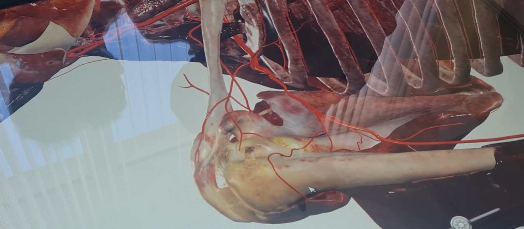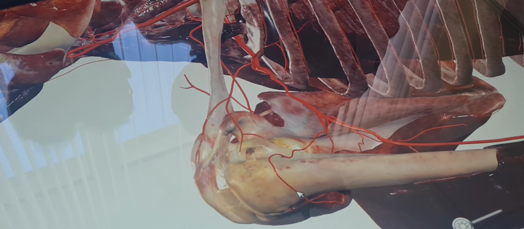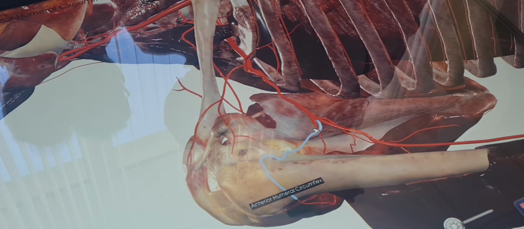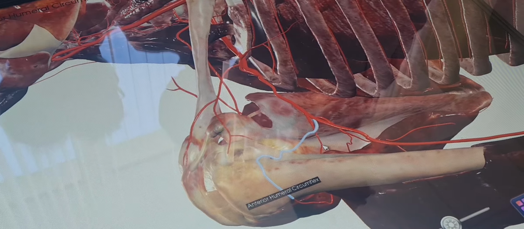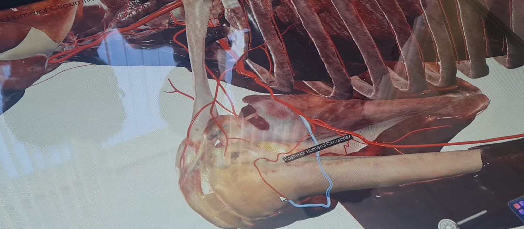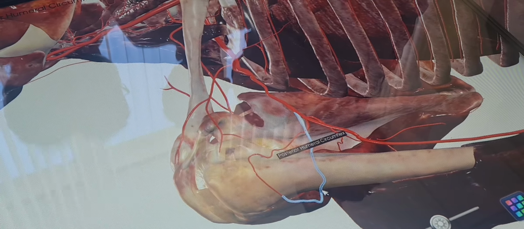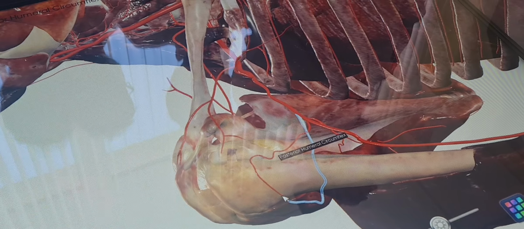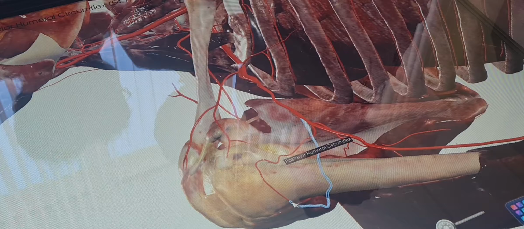Look here, this artery is arteria circumflexa humeri anterior, this one arteria circumflexa humeri posterior. They surround the humerus near the neck, the surgical neck of the humerus, and make anastomosis with one another.